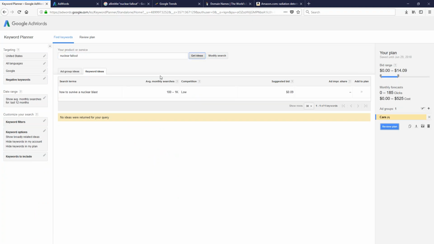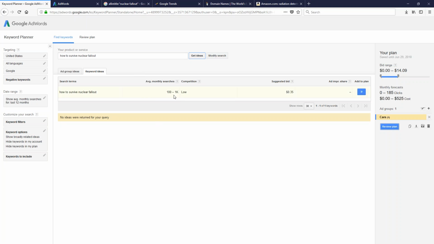So if I search for nuclear fallout back here, I find that there's 1,000 to 10,000 monthly searches. How to survive nuclear fallout has considerably less.